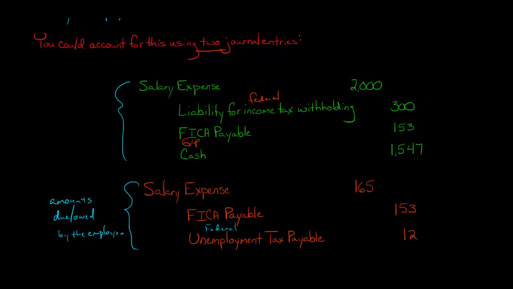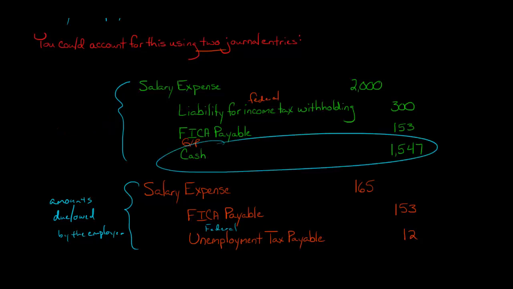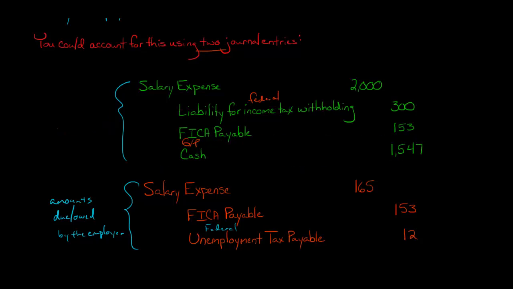And so they're saying to the employer, hey, you hold on to that money because we think the employee is going to owe it. So in this journal entry, we've got the amount of cash being actually paid out to the employee, but we also have the amounts being withheld. So this journal entry includes the withholding from the employee.